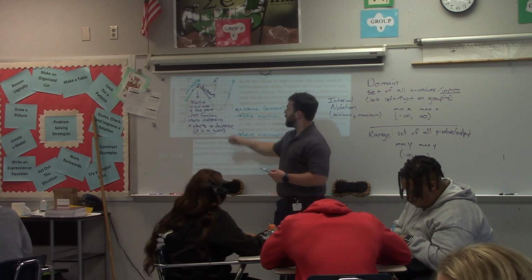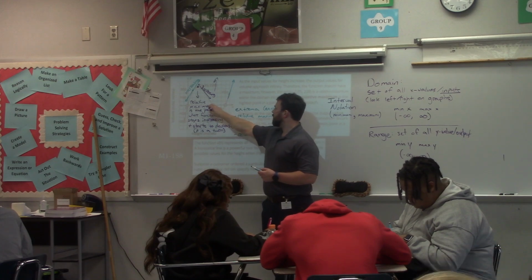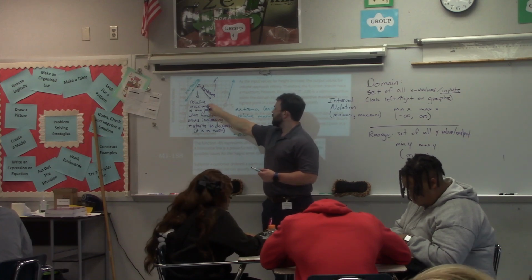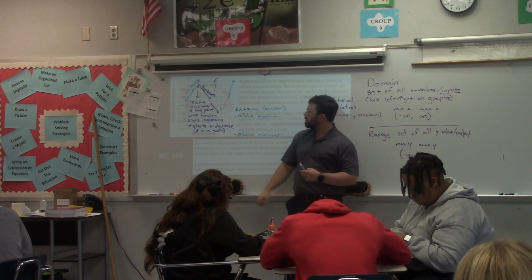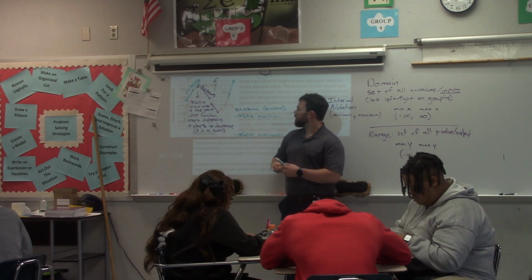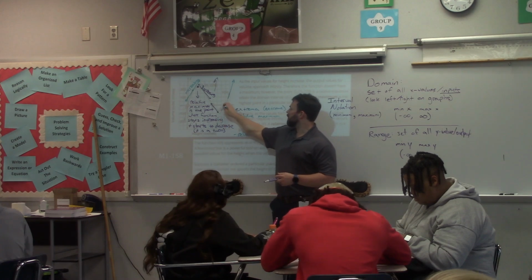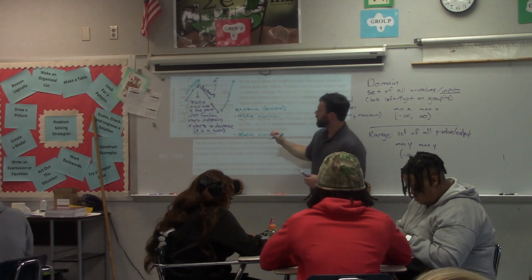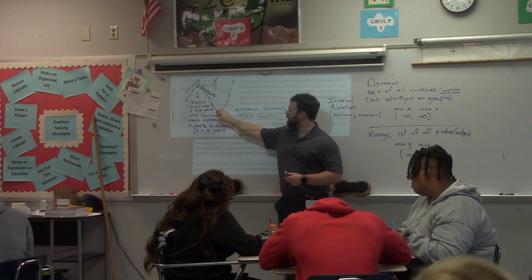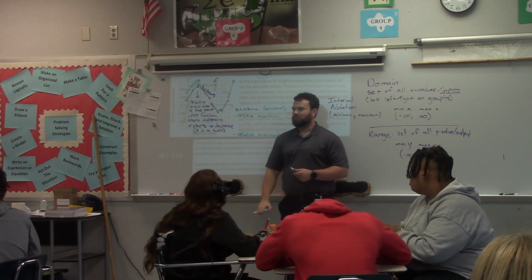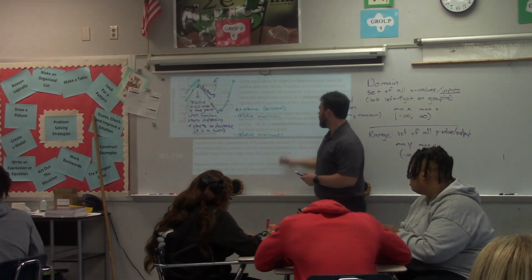So what's happening at this point? It stops decreasing, and it starts to increase. And what are we going to call that point where it stops decreasing and starts to increase? A minimum.